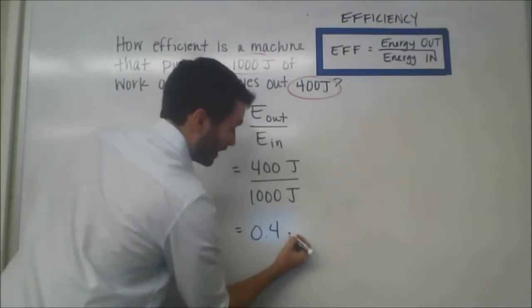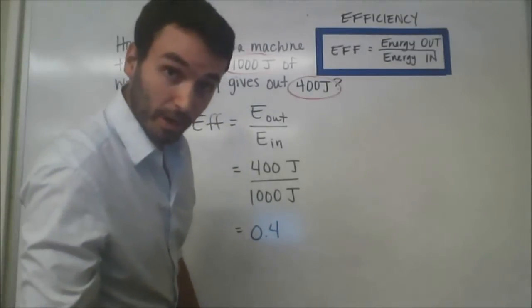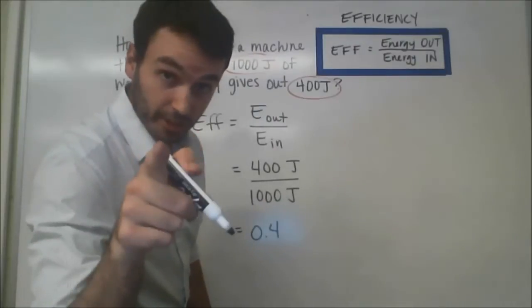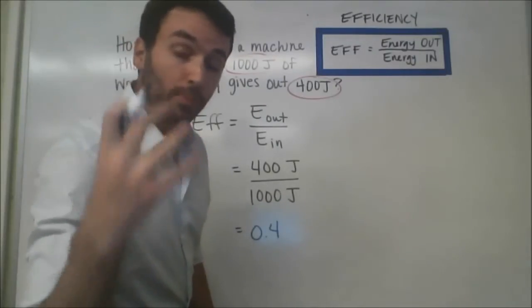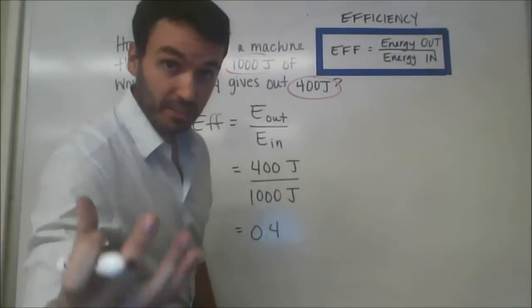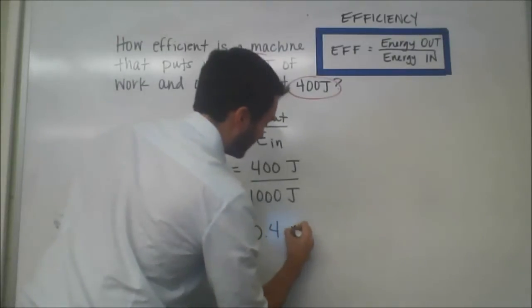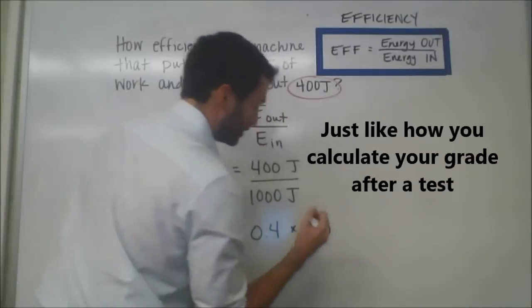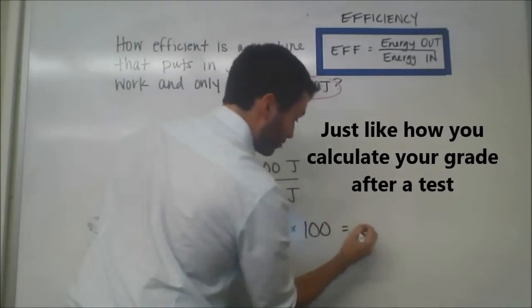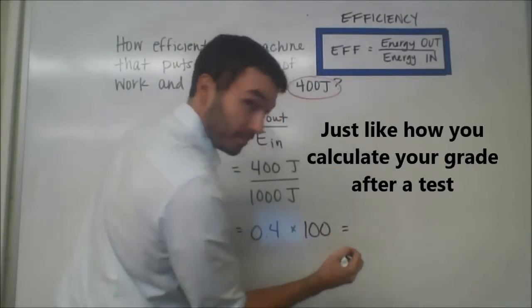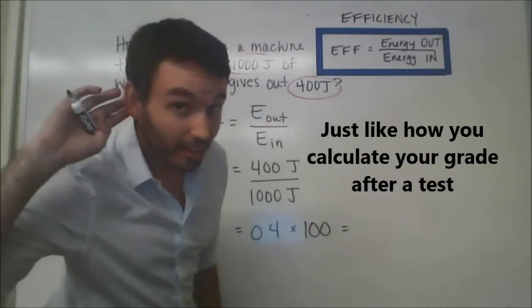0.4. Now, in efficiency, remember, we deal with percentages. What percent of this machine is efficient? And so 0.4 times 100 gives you what? I couldn't hear you.